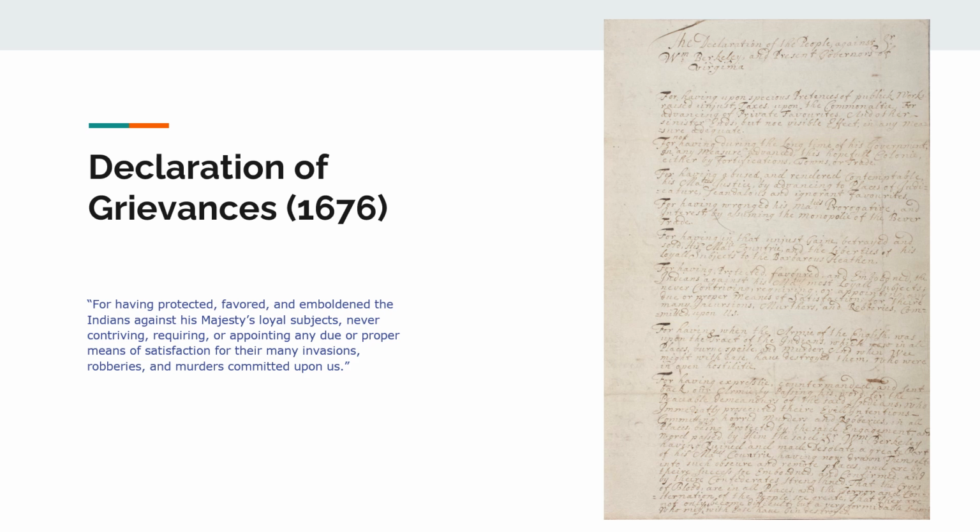We all know the first few words, right, from Thomas Jefferson, but most of that document is just a long list of how the British colonists felt that King George III had treated them poorly. And you kind of see that here in this Declaration of Grievances from 100 years before.